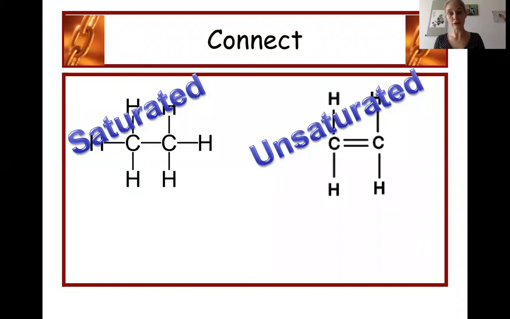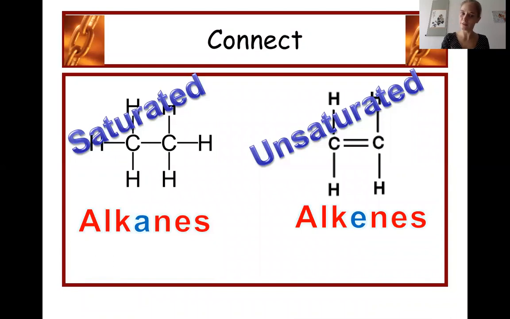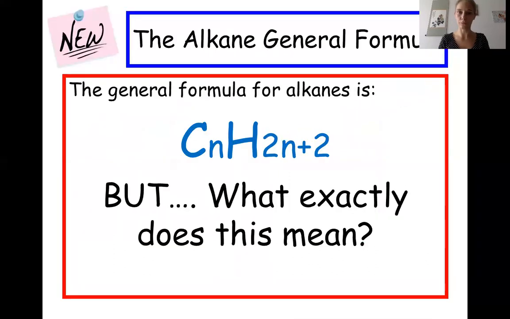So a definition: saturated hydrocarbons contain only, that key word, only again, only single bonds. An unsaturated hydrocarbon contains a carbon-carbon double bond. Remember, we can't have a carbon-hydrogen double bond because hydrogens can only make one bond, guys. Okay, so our alkanes are our saturated, our alkenes are our unsaturated molecules.